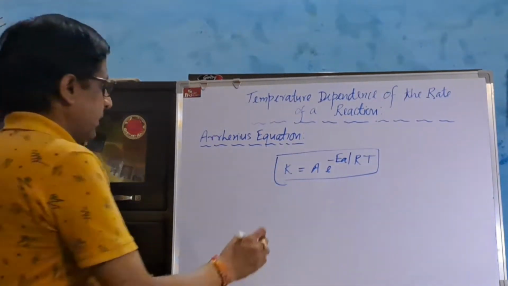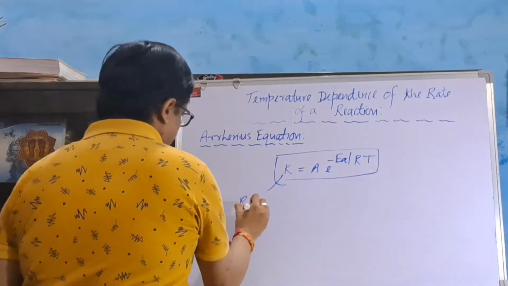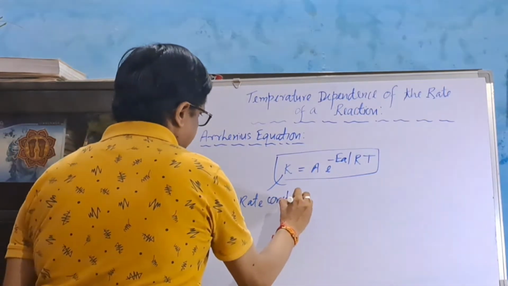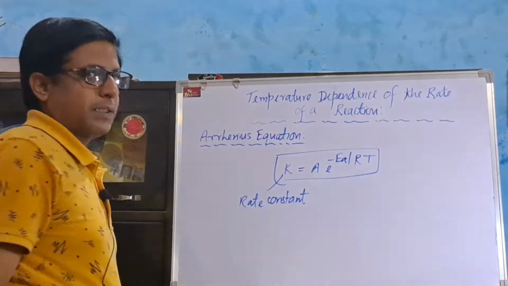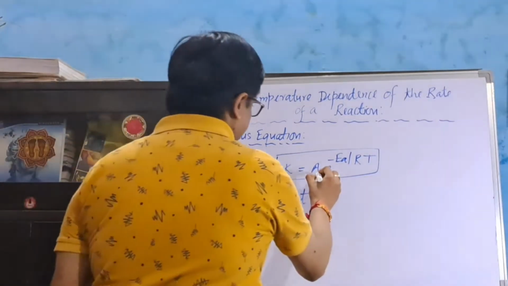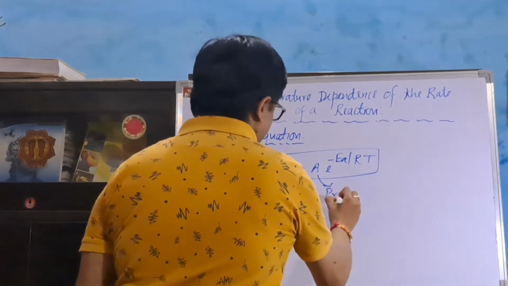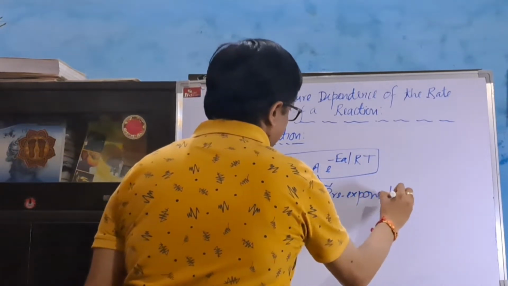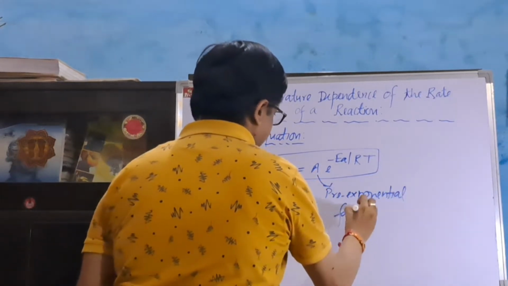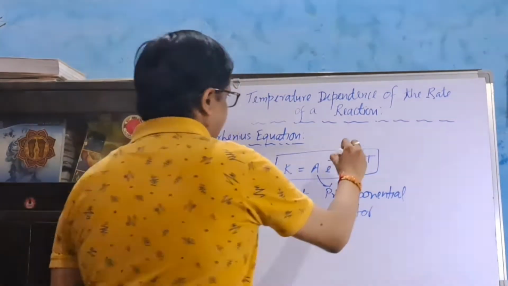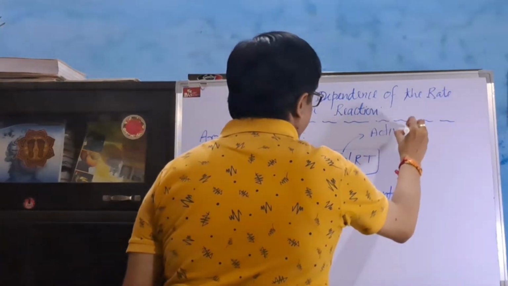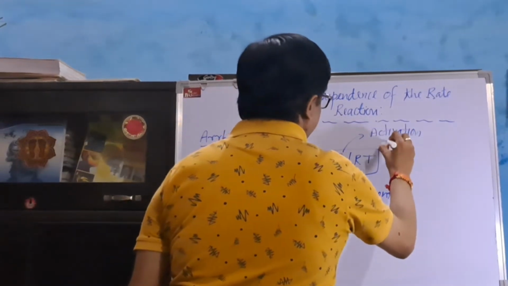Here k is rate constant. A is known as pre-exponential factor. Ea is called activation energy.